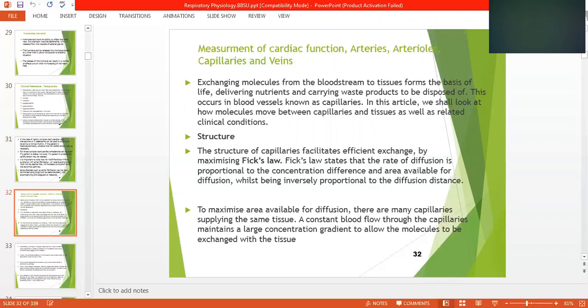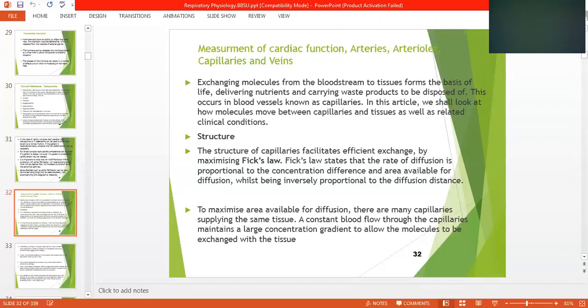And if in the tissue the deoxygenated blood after use has a higher concentration, then the blood will flow from the tissue to the venules. So this is the concentration difference which makes it diffusible from capillary or venules to tissue or tissue to capillary or venules.